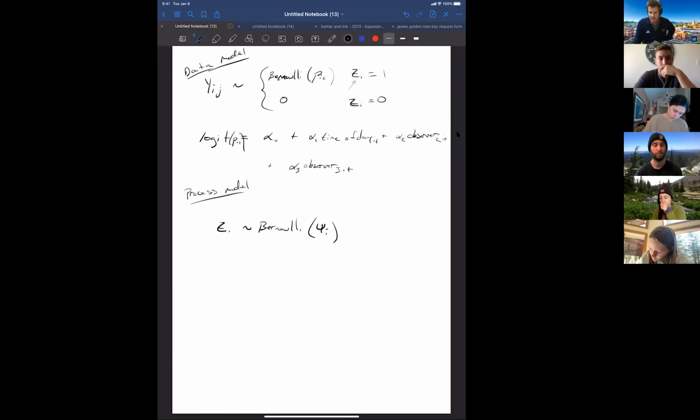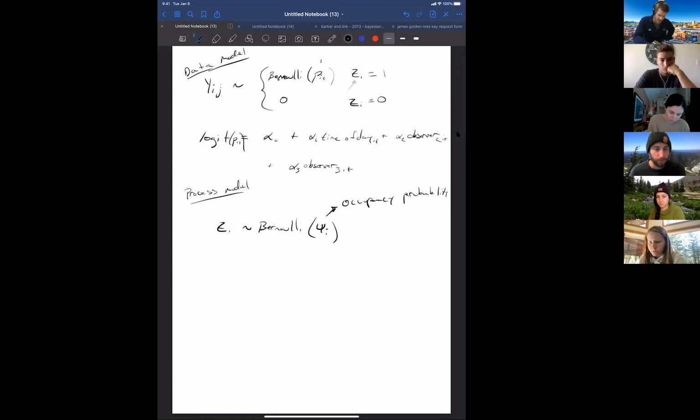So we want psi to be able to change with features of the habitat that we think are important, or at least we want to investigate if those features are affecting occupancy probability. So psi is our occupancy probability. The probability of success, meaning the probability that the species is actually at site I.